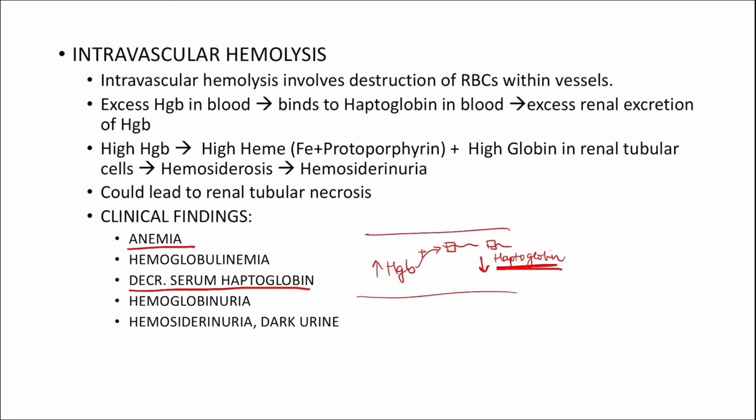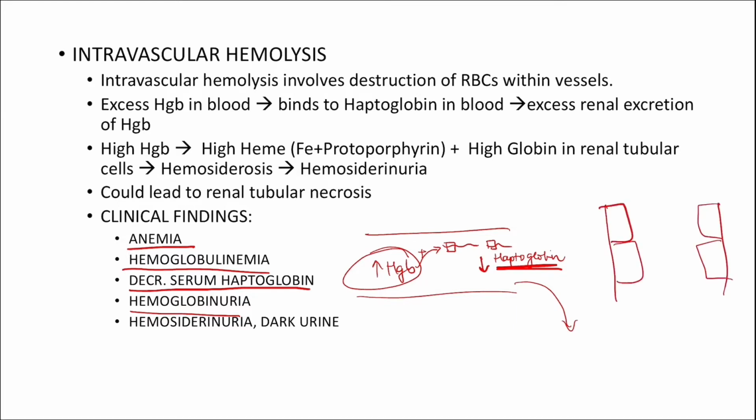Now, hemoglobin has to be excreted via the kidneys, and this causes a number of problems. Obviously, the amount of hemoglobin leaving the body would increase, so you have hemoglobinuria and hemoglobinemia. But another problem is that hemoglobin breaks down into heme, which is iron and protoporphyrin, and globin.